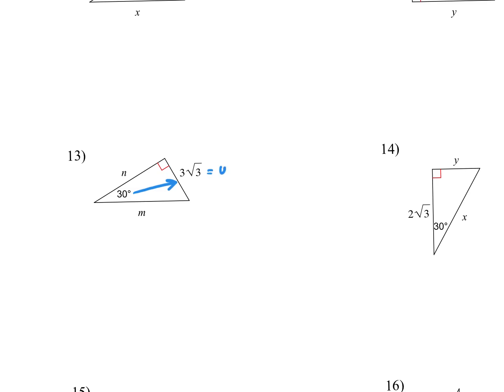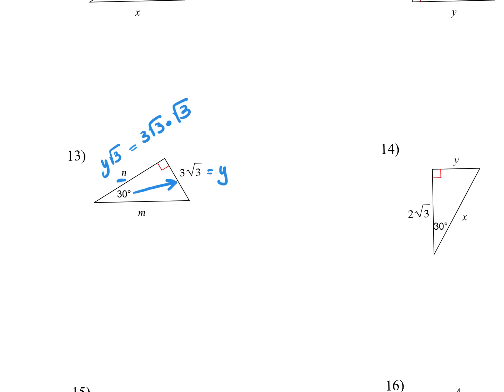So based on our reference, that is y, okay? And this side over here opposite the 60 degree is y square root 3. Okay, so to get this side here, which is represented by n, I need to do 3 square root 3 times the square root of 3.